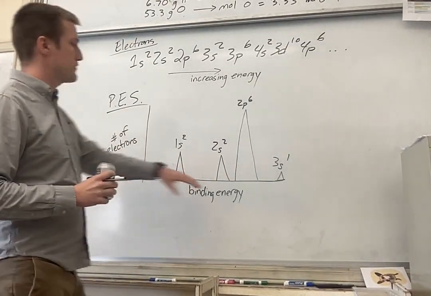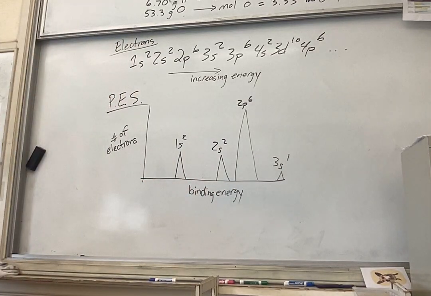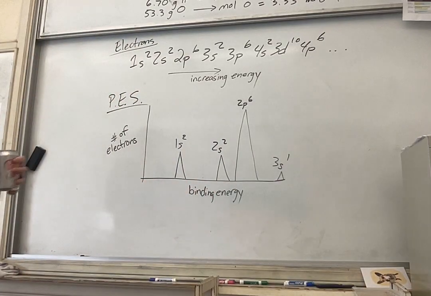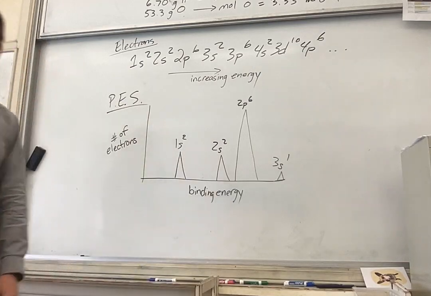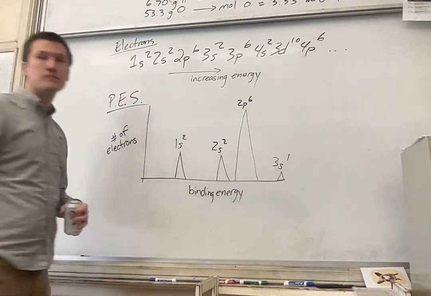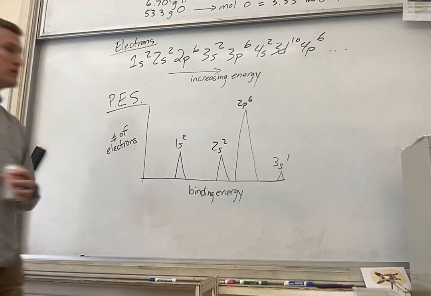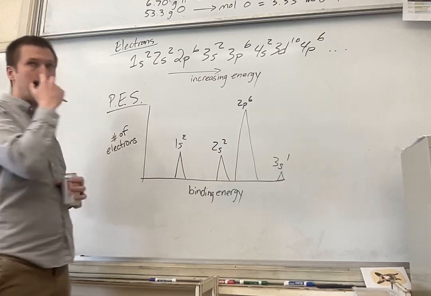They like to give you graphs like this and ask what element that is, or what ion, or what electron configuration maps to this. One thing to be careful of is that this energy axis is sometimes reversed. Sometimes the lower numbers are on the right and the higher are on the left.